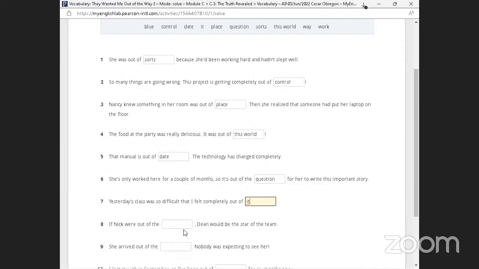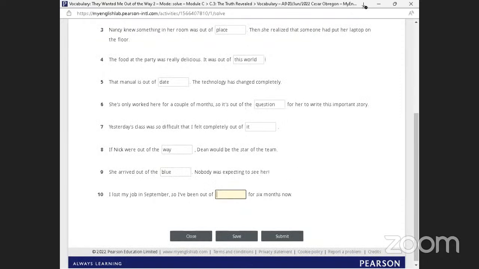Number 8: if Nick were out of the way, Dean would be the star of the team. She arrived out of the blue. Nobody was expecting to see her. And 10: I lost my job in September, so I've been out of work for 6 months.